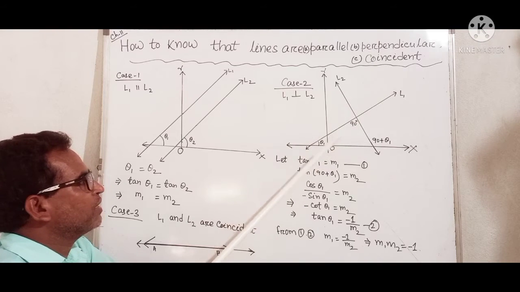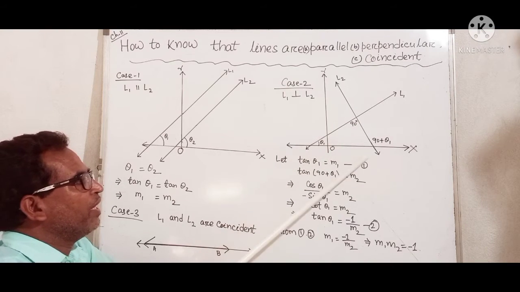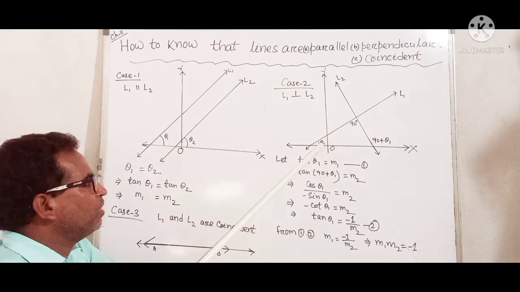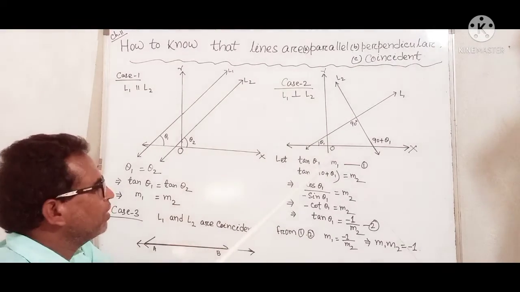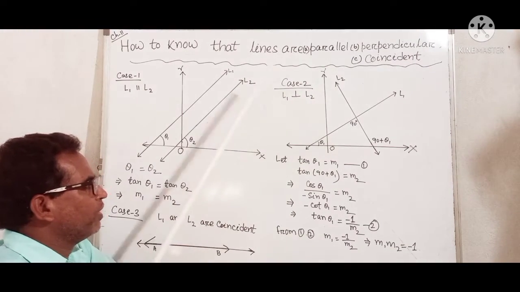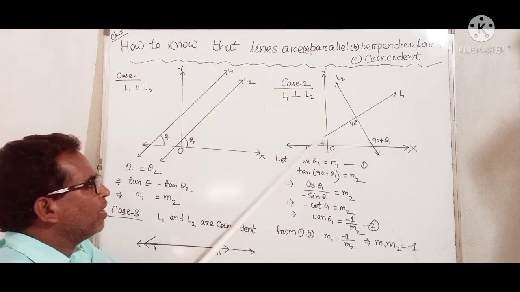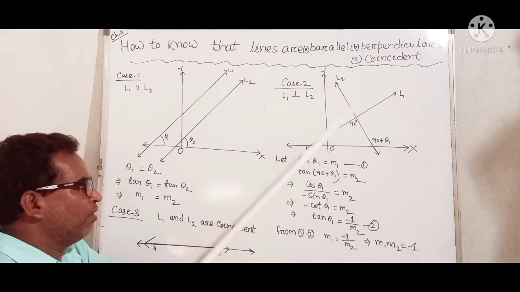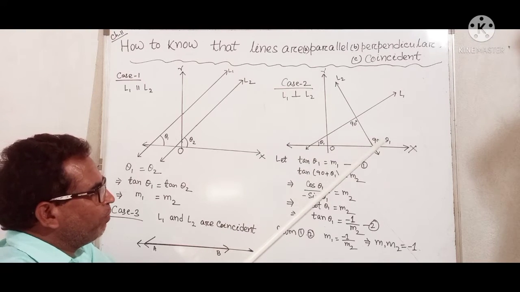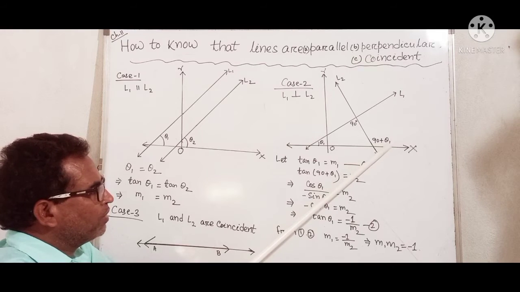Let L1 make theta 1 angle with the x-axis in the positive direction, that means in the anti-clockwise direction. So this is theta 1, this is 90 degrees, so this will be 90 plus theta 1.